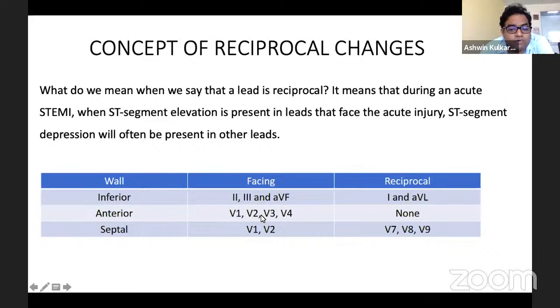In anterior wall MI, V1 to V6, or generally V1 to V4, the reciprocal changes will depend on the extent of the injury and which part of the myocardium is involved. Reciprocal changes may be restricted to only 1 or 2 leads in that particular region. In septal infarction, V1 and V2 show elevation, and the reciprocal changes will be in V7, V8, and V9.